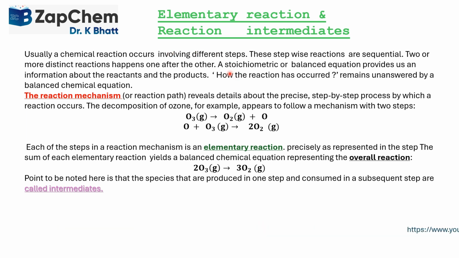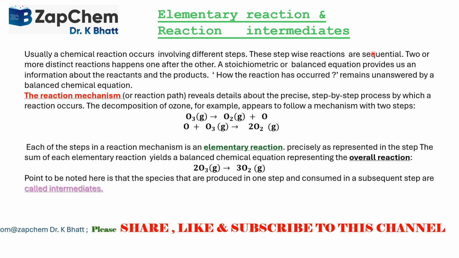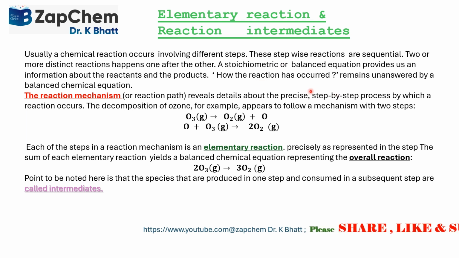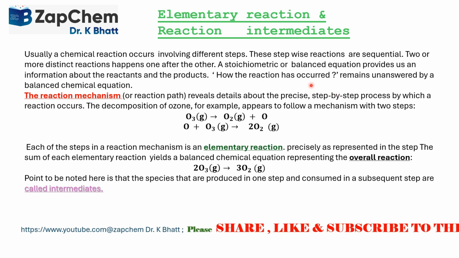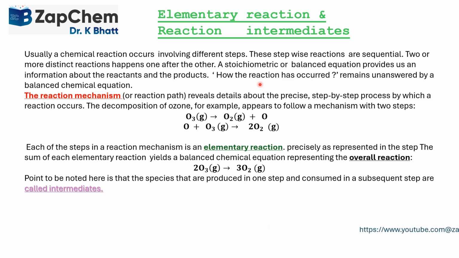That is known as the stoichiometric balanced equation. Through the balanced equation, we get the products and the reactants. But it doesn't give us an idea about how the reaction has occurred. What is the reaction path? We don't get an answer to this question.